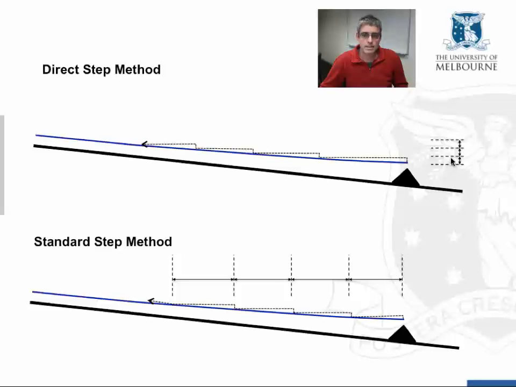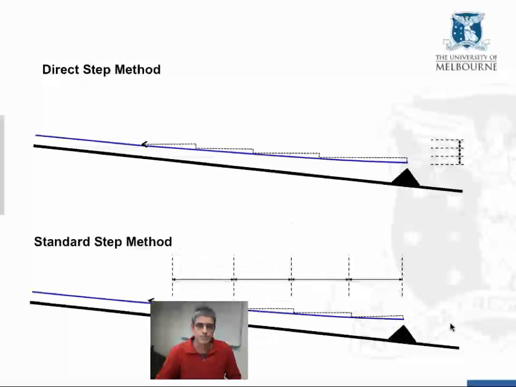So we set the change in depth and we calculate the distance upstream. In the standard step method, we work out the change in depth for a fixed distance, a fixed step. So for direct step we have a fixed change in water depth or stage, and for the standard step method we have a fixed distance upstream and we calculate the change in depth.